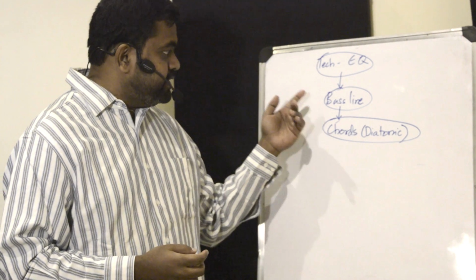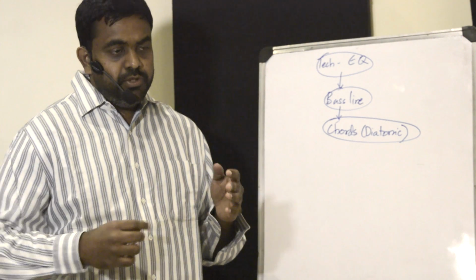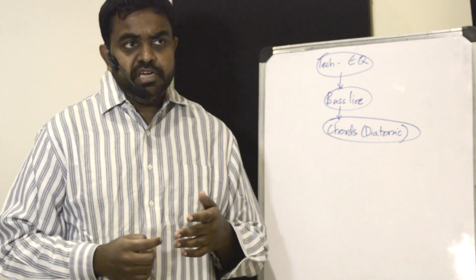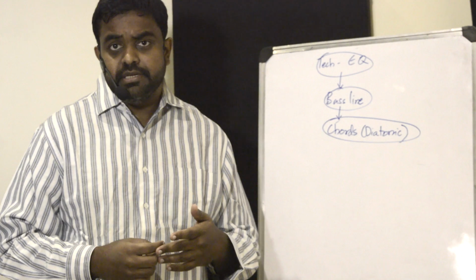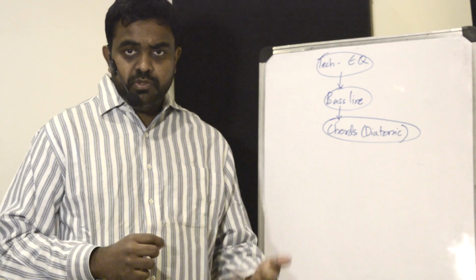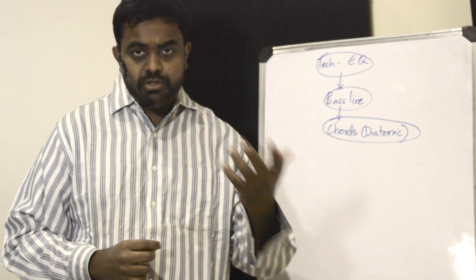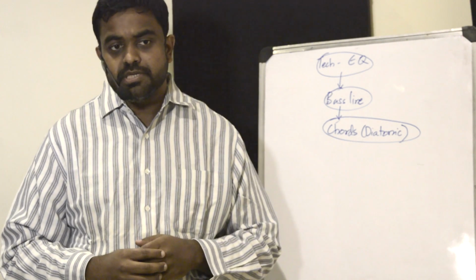So, after having figured out the bass line, you can then use music theory, or rather diatonic chord theory, and find the chord based on the root note you just heard on the bass, or based on what you wrote, probably in a notebook or something.